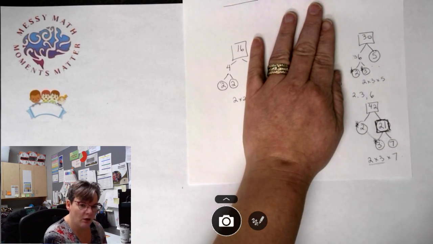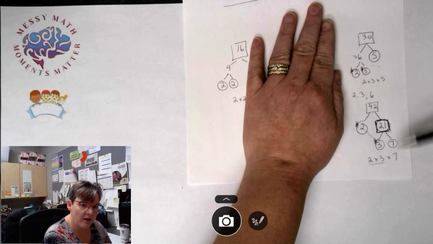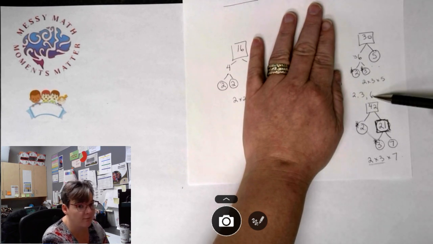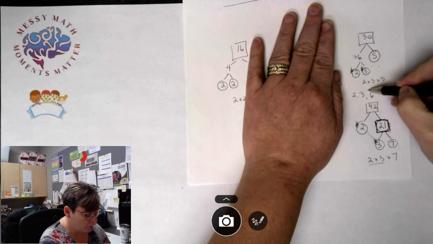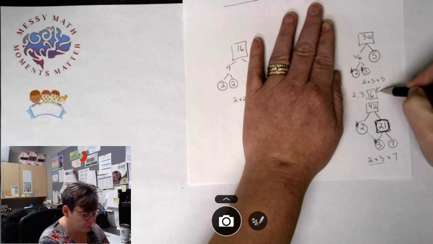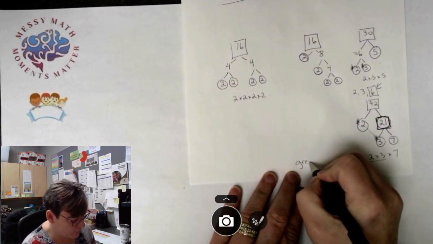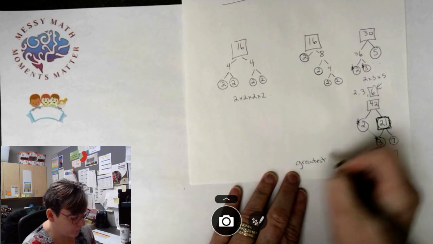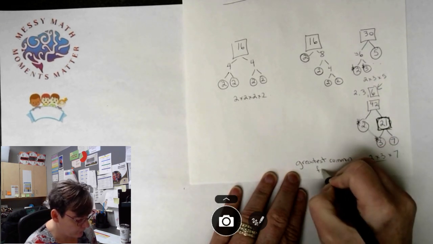What is the largest factor that both of these have in common? So 6 isn't a prime factor, but I didn't ask which was the largest prime factor. I asked which was the largest factor. So the largest factor that they have in common is 6. So we call that the greatest, which is another word for largest, common factor.